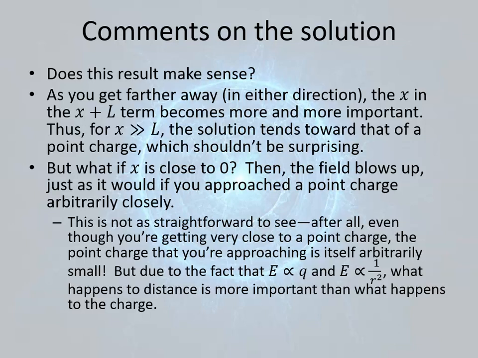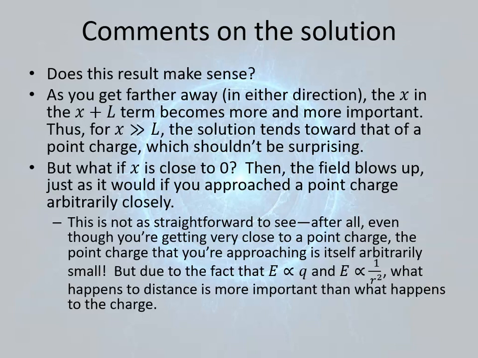It's like, well, in this case, you don't actually have a finite amount of charge at a vanishingly small distance away. So it turns out that the reason that it still blows up is due to the fact that the electric field is proportional to the actual amount of charge, Q, and inversely proportional to distance squared.